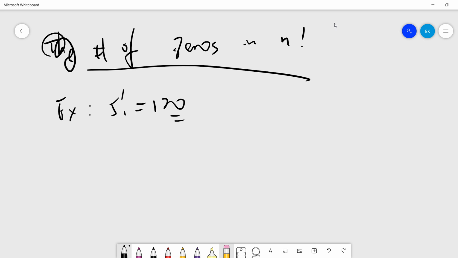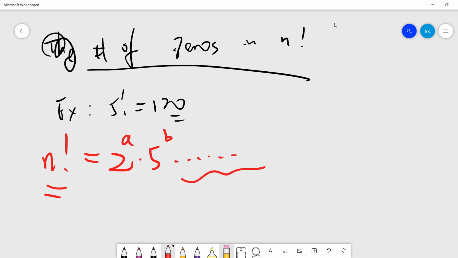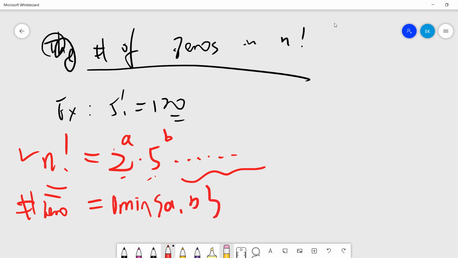Okay, so the fact is that suppose you can write n factorial as 2 to the a times 5 to the b times other prime factors that nobody cares about. And then we know that 2 times 5 will give you 0, right? So if you can write n factorial like this, then the number of zeros is just the minimum of a and b.